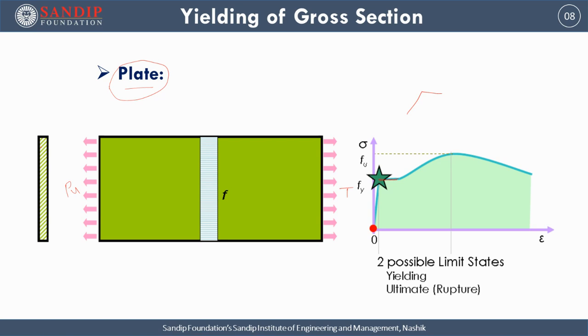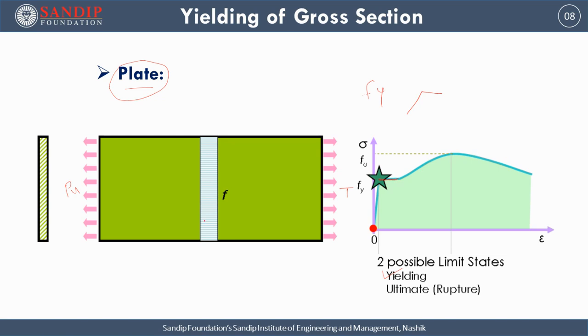So here you can see this entire cross section is subjected to stress. When it is subjected to excessive stress, it may fail due to yielding. Means at a particular limit, when the load crosses the Fy value, it starts yielding, and when it reaches the ultimate value Fu, as you can see in this graph, that is the ultimate level, then it starts giving up, and ultimately it leads to failure.